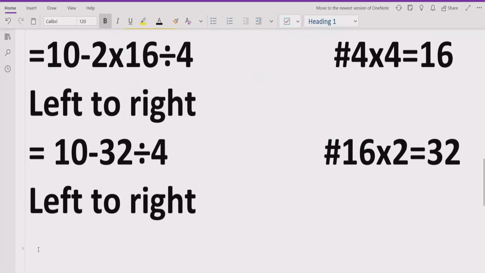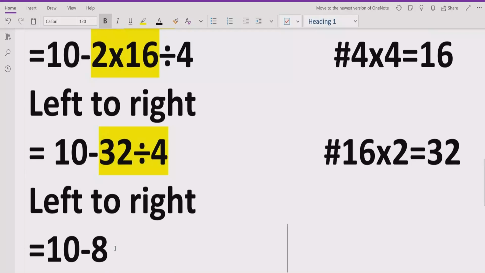Here we have the multiplication and division. So here we have 10 minus, and we have 32 divided by 4. Here we have solved 2 multiplied by 16 and now we have 32 divided by 4, which becomes 8. So 4 eights are 32.